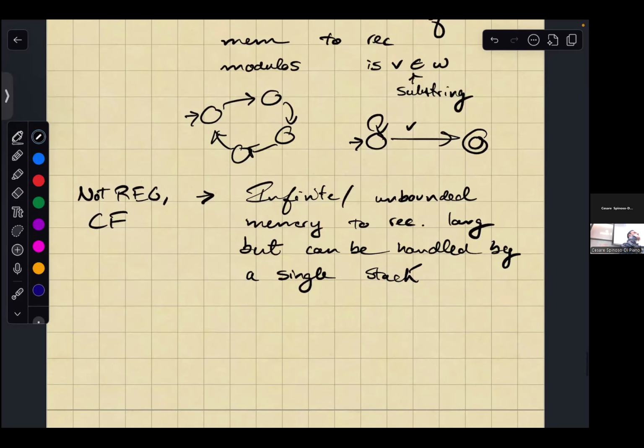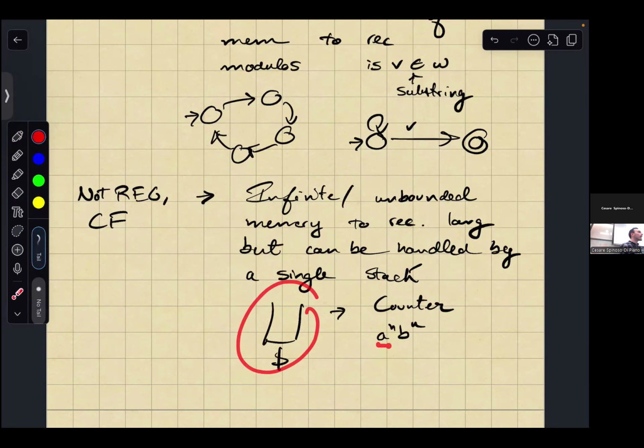right? And so just a reminder, what are the sorts of things that you can do with stacks, right? You can use a stack as kind of like a counter, right? That's why, for instance, you could use a PDA to recognize A^n B^n, because you can use the stack as the counter for the A's, right? And then once you start reading the B's, you can check that the number of B's matches the counter, right? However, you can't use the stack as multiple counters, right?